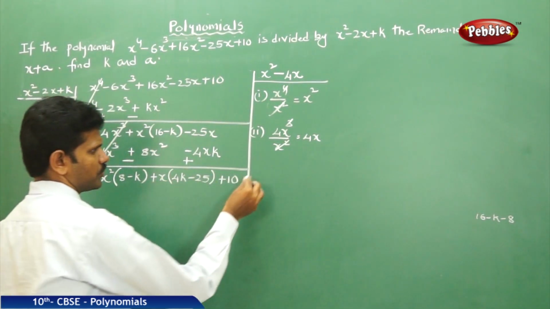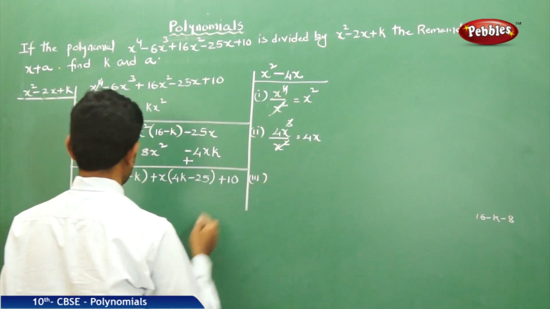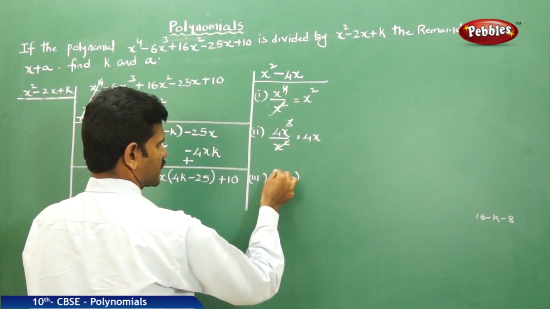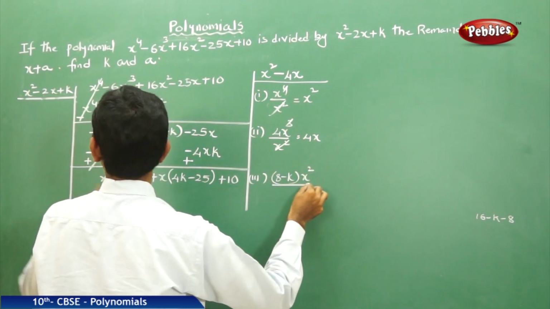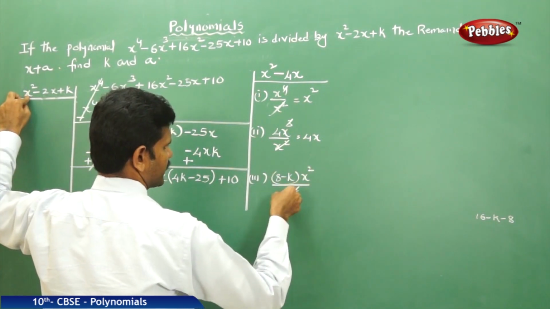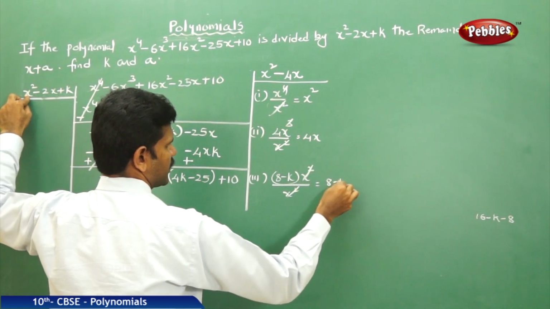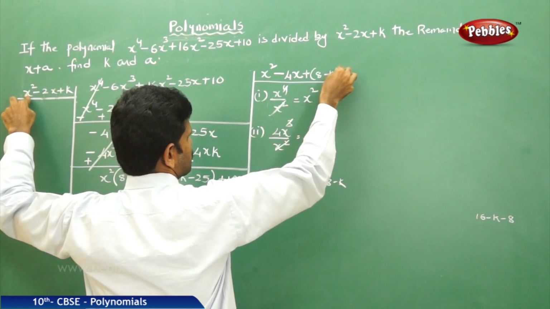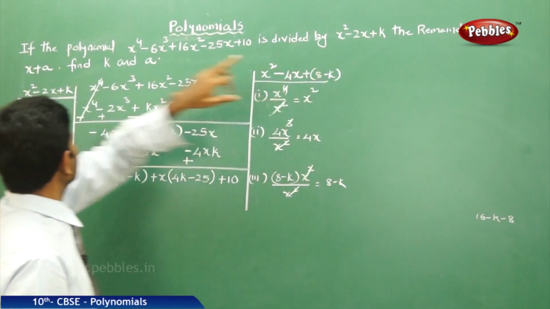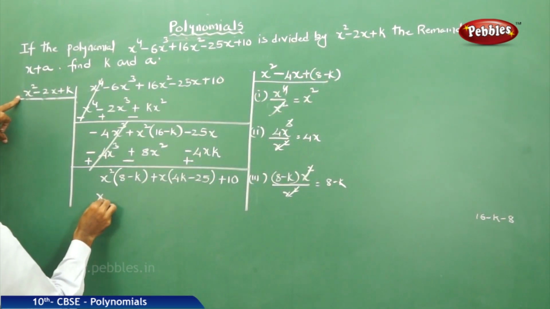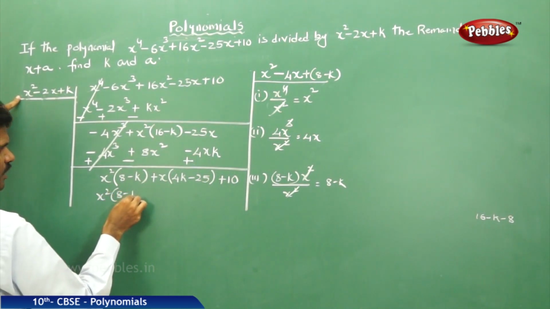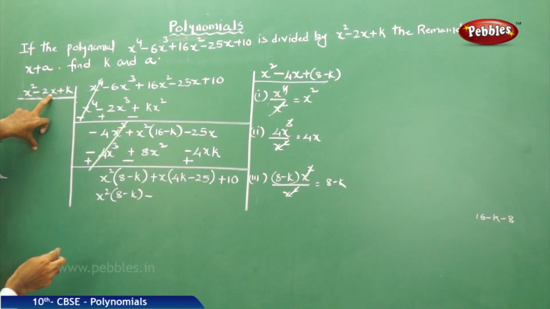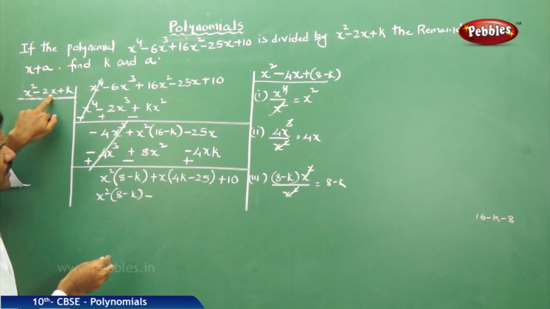Next part 3 cancellation, 8 minus k into x square by x square, x square gets cancelled, 8 minus k. Now 8 minus k into x square, minus 2x into 8 minus k.